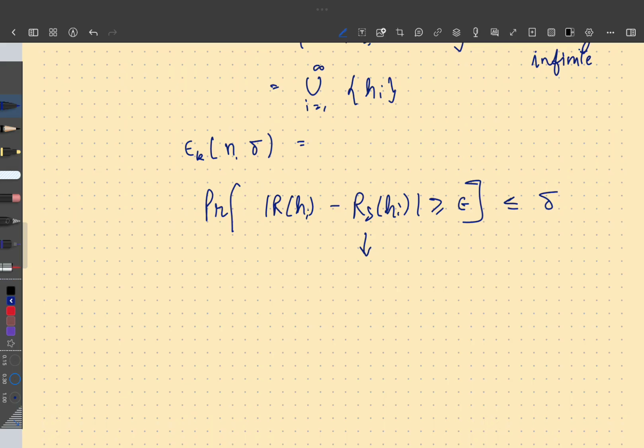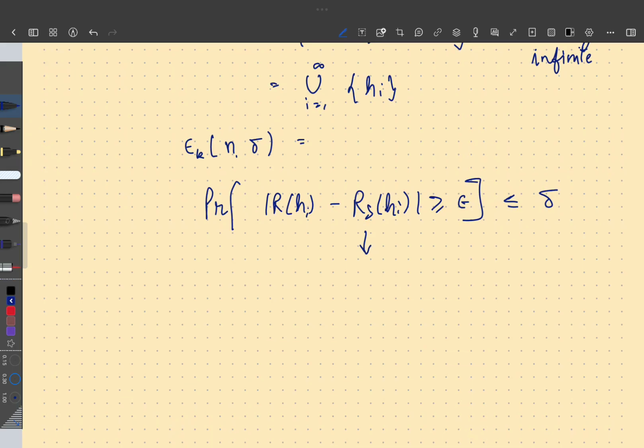Yeah, Hoeffding's inequality. Right? And we know that by Hoeffding's inequality, this is less than or equal to 2 times, again, there's a single predictor, so there's nothing complicated going on over here. So it's just 2 e to the power minus some constant epsilon square times n.